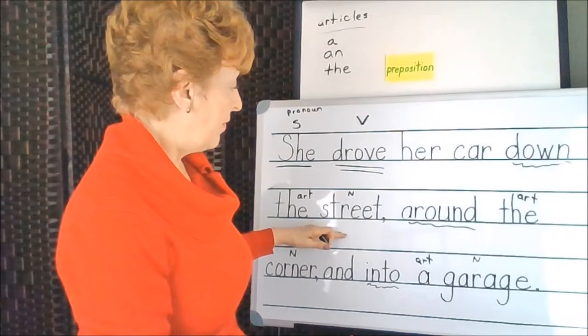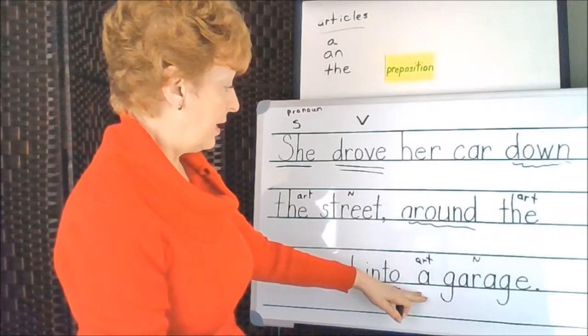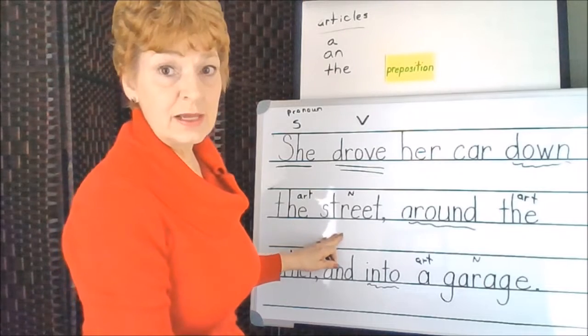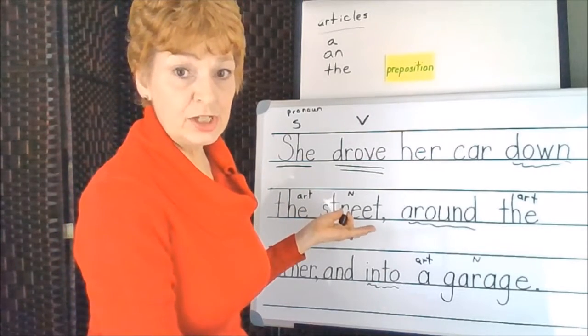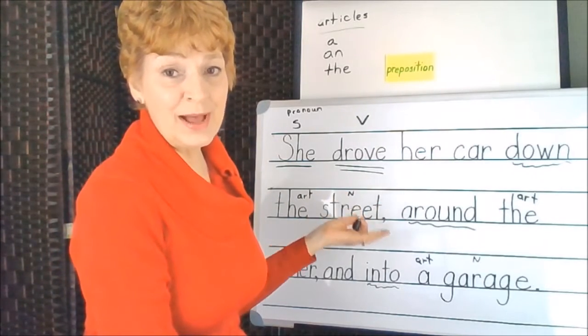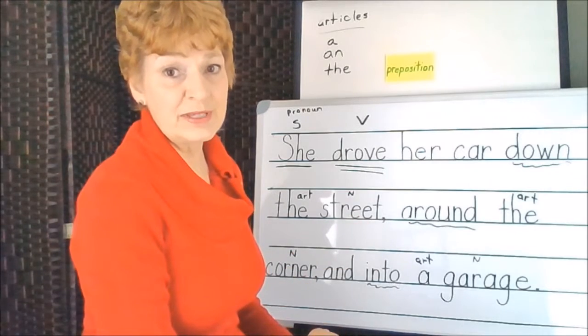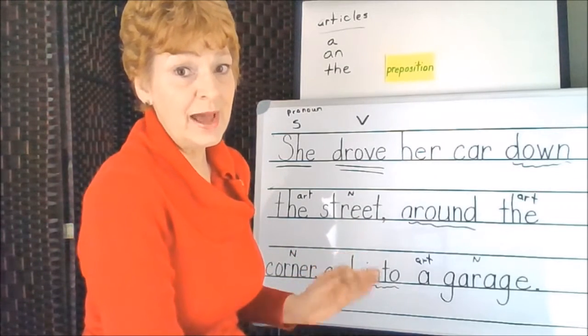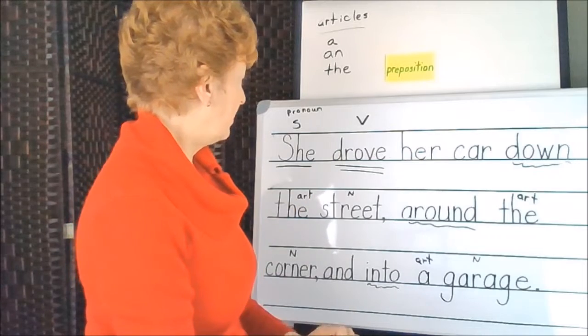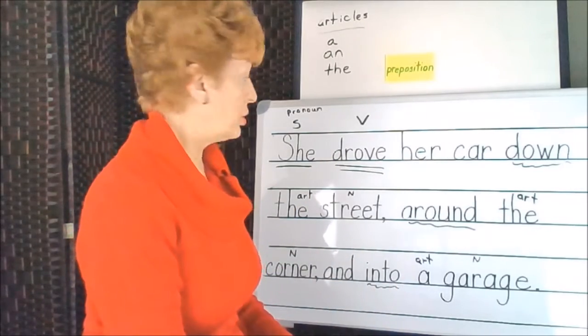As soon as you have identified a word in the sentence as another part of speech, you've eliminated it from the possibility of being called a preposition. A word can only have one part of speech.